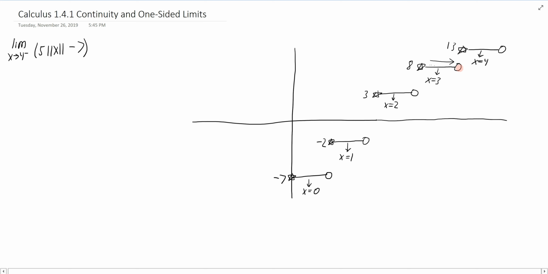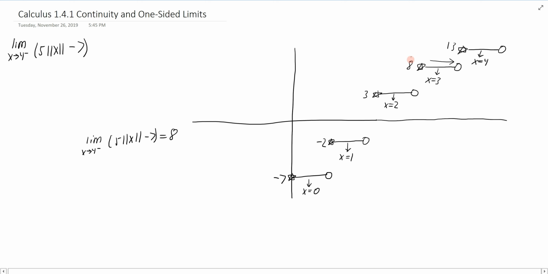So in this case, our answer to this question, the limit as x goes to 4 from the left of 5 times this -7, is going to be 8. That's because we're to the left of 4, at 3.9 or 3.99, and that keeps us at a constant 8 as we go from 3 to 4.